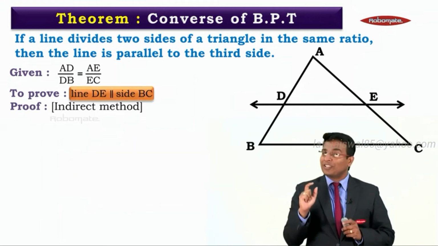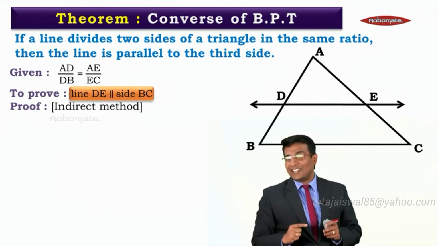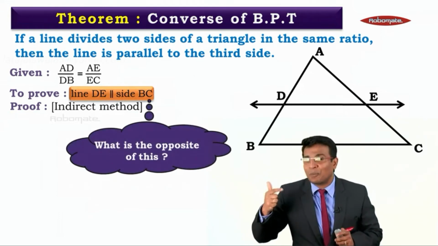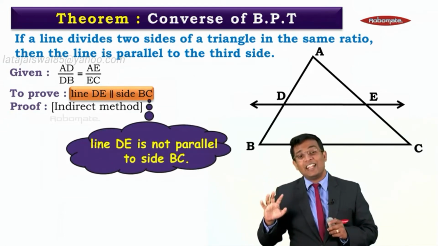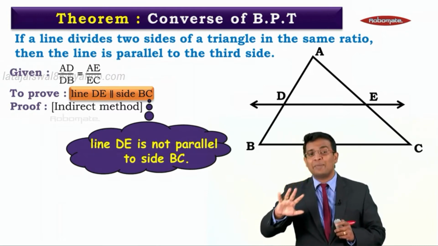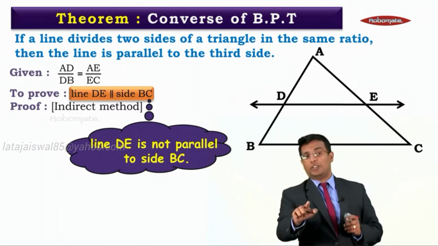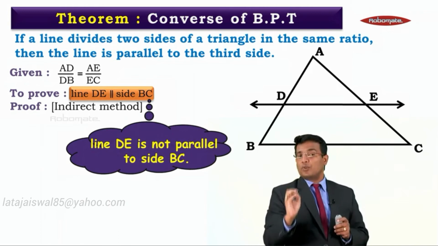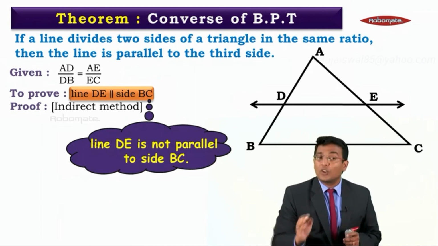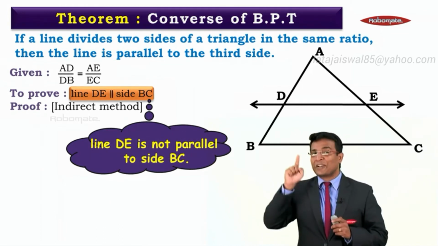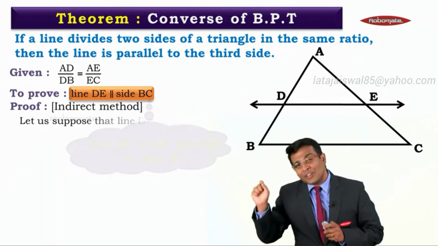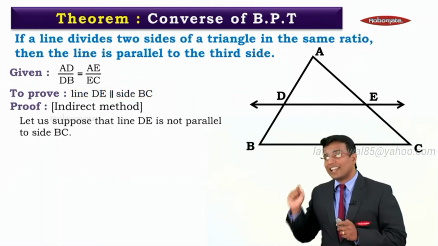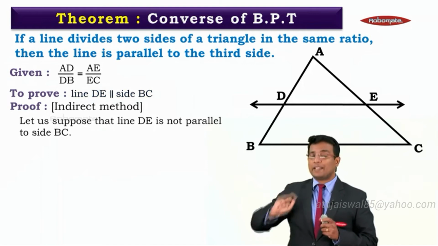We know the to prove is line DE is parallel to side BC. So what is the opposite of this? The opposite is that line DE is not parallel to side BC. So this is going to be the assumption. Remember students, whenever you do a proof by indirect method, you always start with an assumption which is exactly opposite to the to prove. So we write here, let us suppose that line DE is not parallel to side BC.